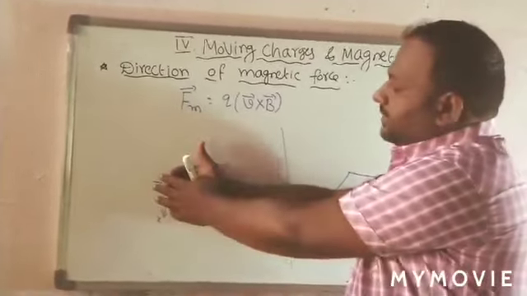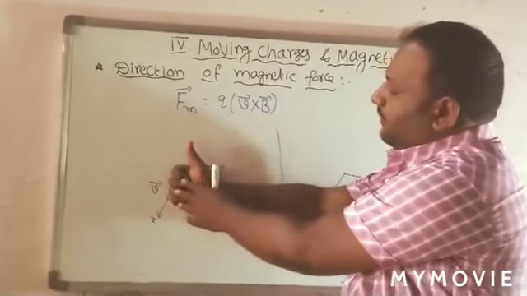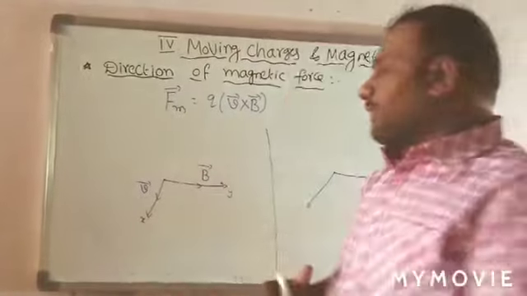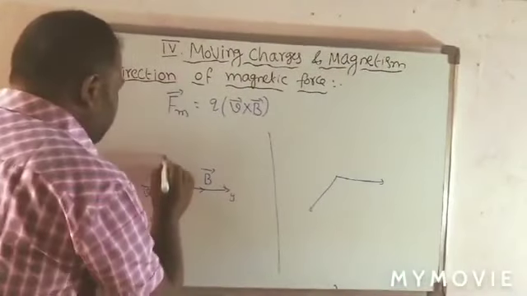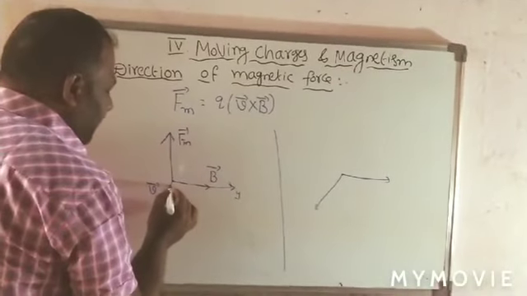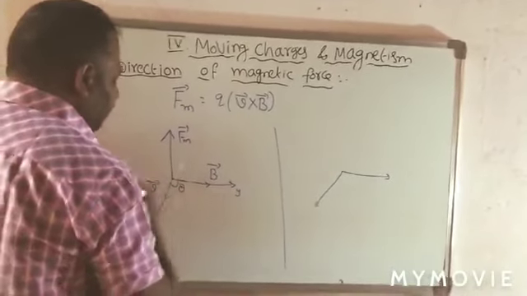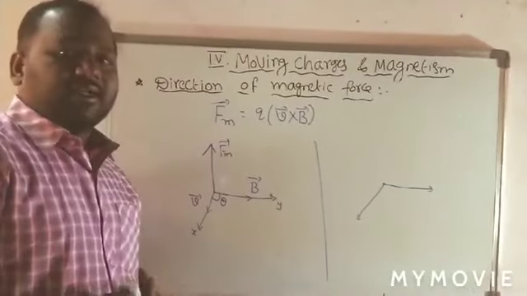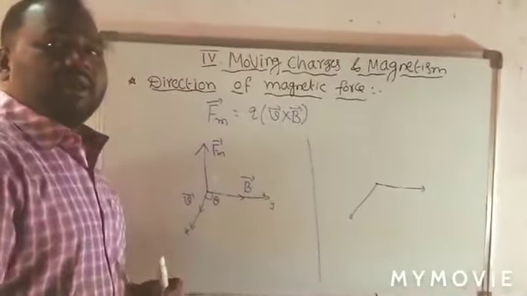When the fingers are curling from the velocity vector to the field vector, now the thumb is pointing in the upward direction. So from this, what is the direction of force? The direction of force is upward, and here the angle between the velocity vector and magnetic field can be taken as theta. Remember this, how to find the magnetic force.